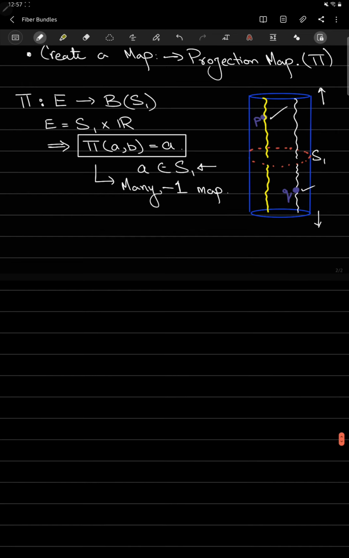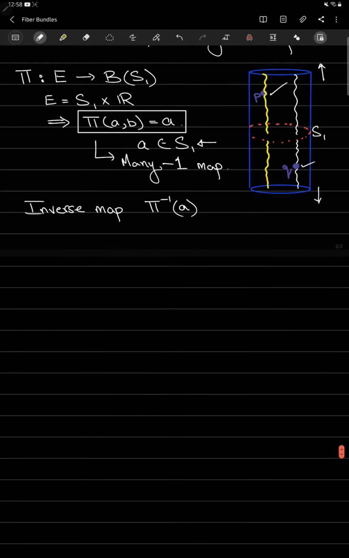Now, we also need to define the inverse map, and you can simply call it pi inverse, right? Of what? Well, you have this pi map that takes A and B and gives you A. So the inverse takes A, and let's see what it gives you.